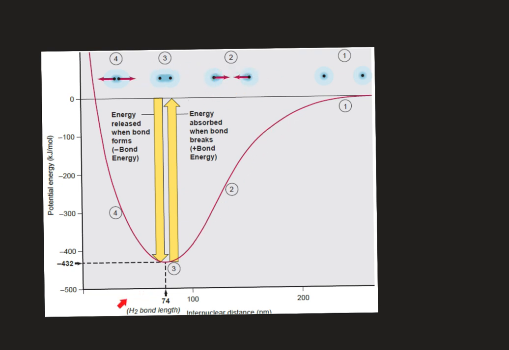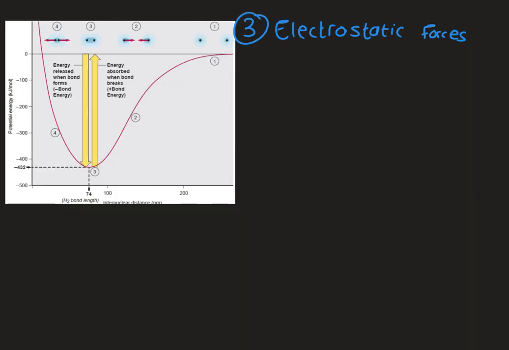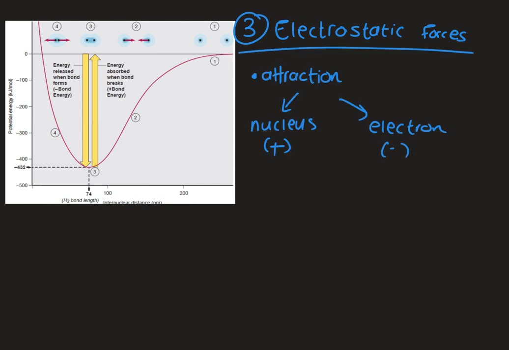The lowest point on the graph is called the bond length, and it represents the state of the most stability and the lowest energy. Let's look carefully at all of the electrostatic forces at play. The first one is that there is attraction at this minimum point between the positive nucleus and the electron.